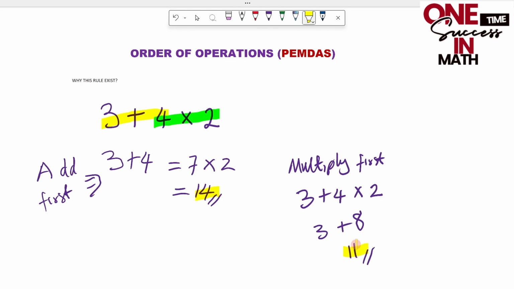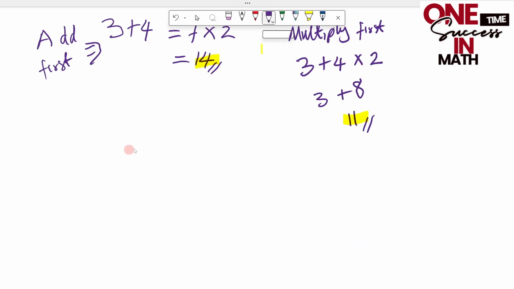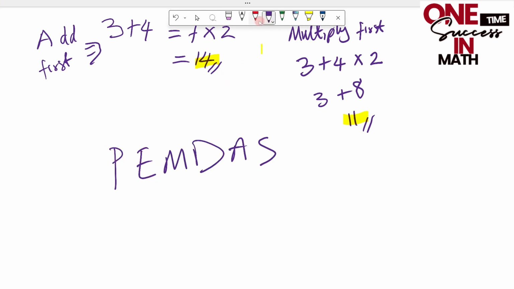So who is correct? For this case, there is a general universal agreement that in maths, that rule is called what? Order of operation. And that is PEMDAS. What does PEMDAS stand for? P is for parenthesis or brackets. So you may have seen questions that have this open and closed symbol.